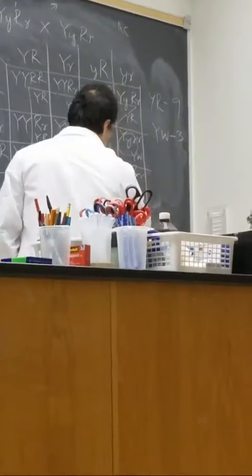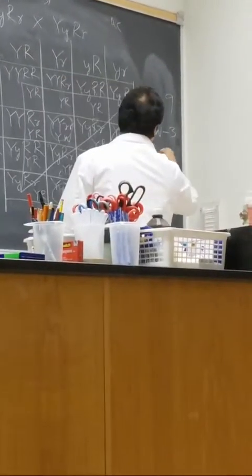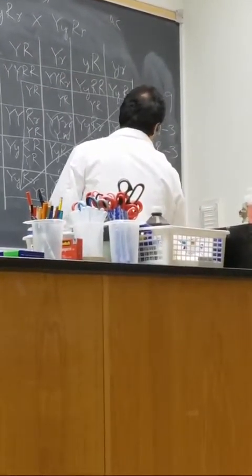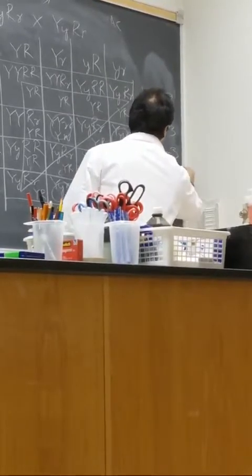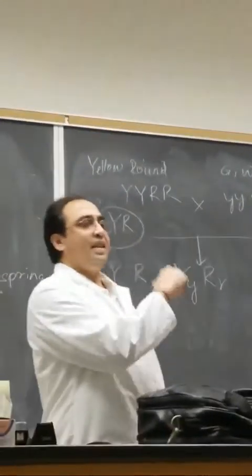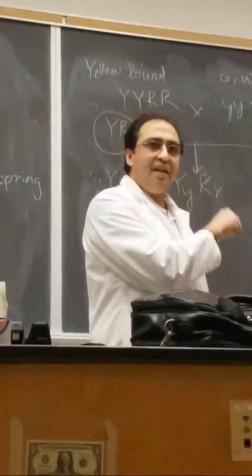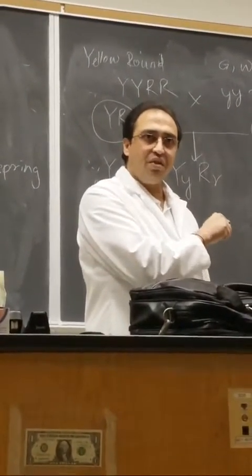Here, same thing: green round, 3, and green wrinkle, 1. This is Mendel's dihybrid ratio, 9:3:3:1.